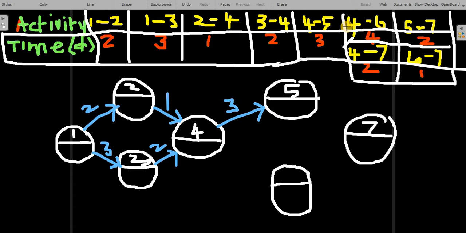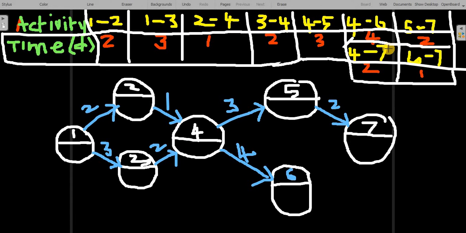Now the fourth event is connected to the sixth event. Of course, 6 is here, I think, so I forgot. So the fourth event is connected to the sixth event. What is the time taken? 4 days. Now the fifth event is connected to the seventh event. What is the time taken given there? 2 days given.